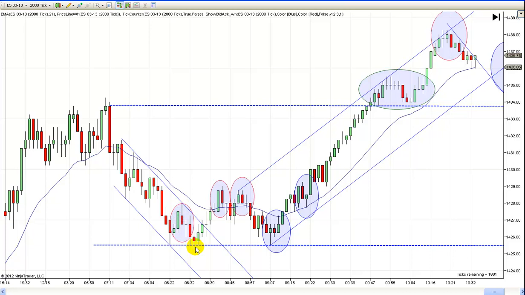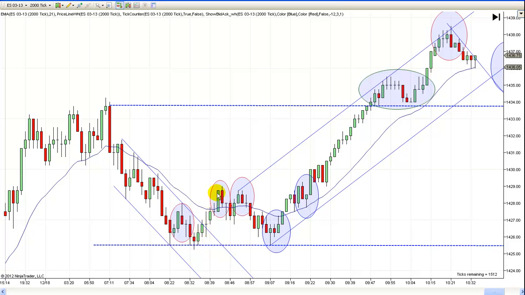It got a little tricky right in here, and you might have gotten shaken out. But I didn't see any reason to exit yet, because a break above a doji usually just traps people when you turn down. So I hung on and got just enough ticks. I think it got 6 ticks, so just enough to get in, get out, and exit. No runners here.